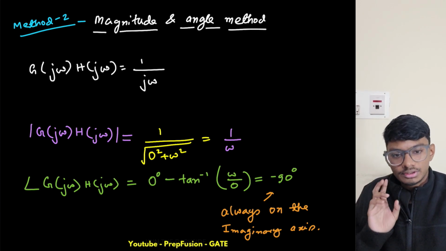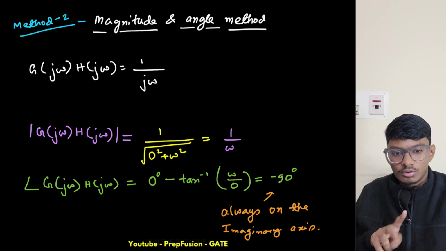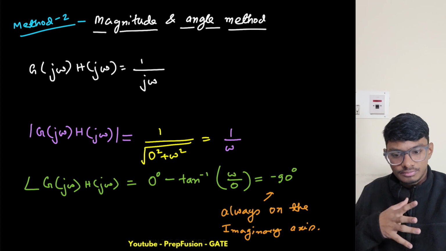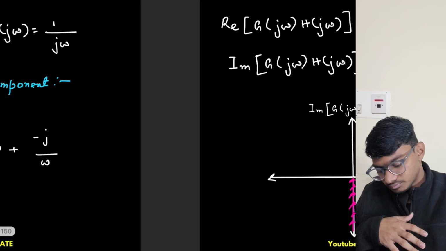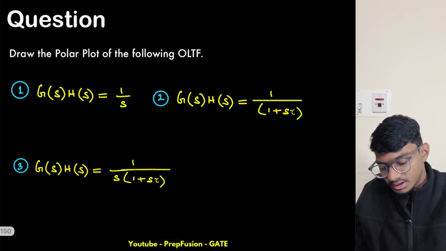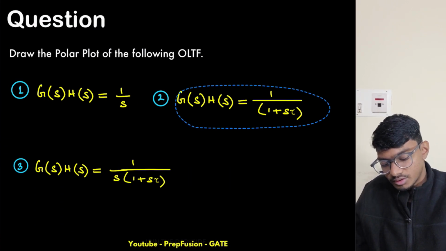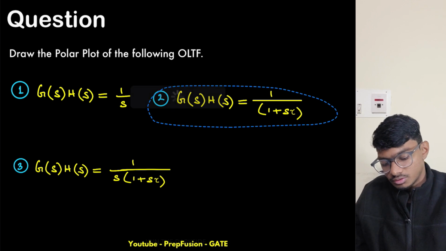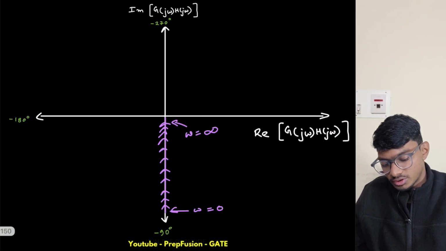I will try to do the next problem in both methods, and after that we will use only one method, because method 1, with real and imaginary components, may take a bit more time. In the next problems I will use only method 2, with the magnitude and phase condition.